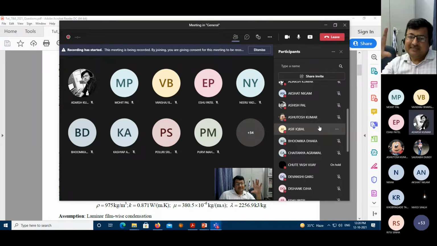See, there is a pipe, right? Now, what is the h that we are calculating? h is related to the film that is forming. The film is forming why? Because you have steam at 100 degrees and the pipe is at 98. So what is happening? There is a temperature difference, and at 1 atmosphere, a part of this steam is becoming water, right?